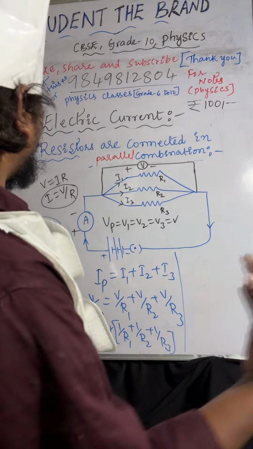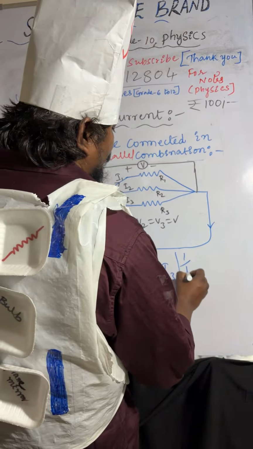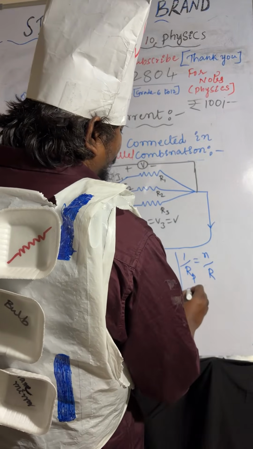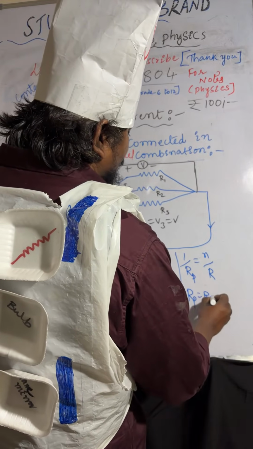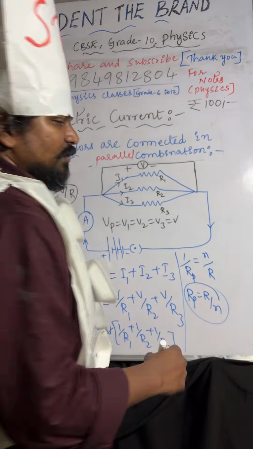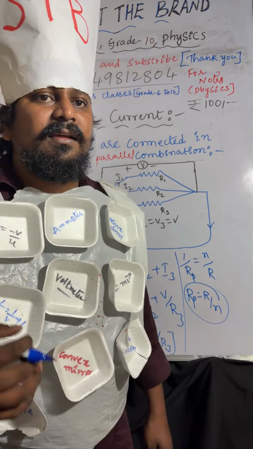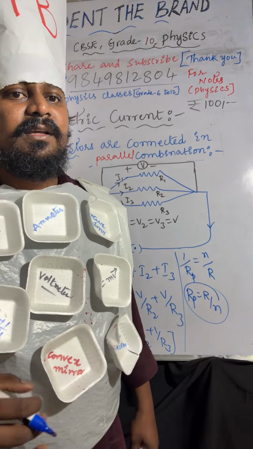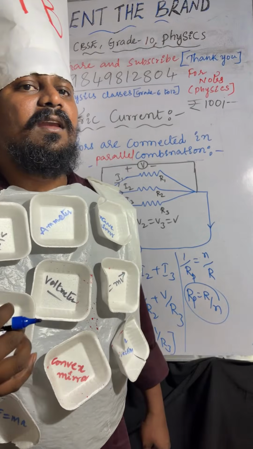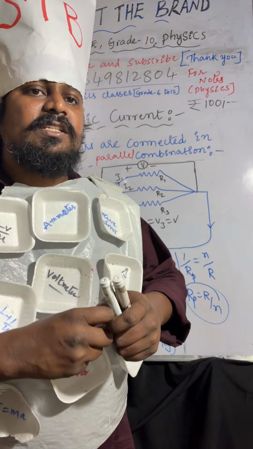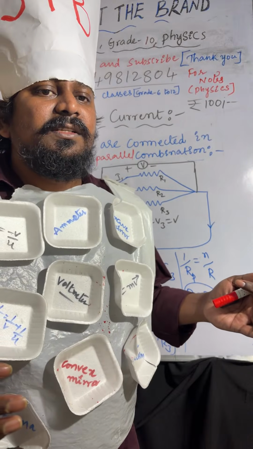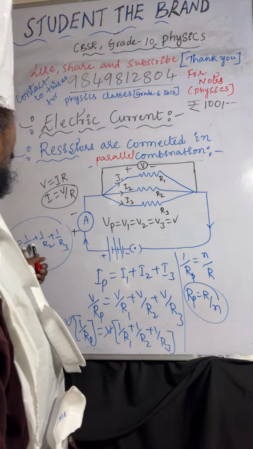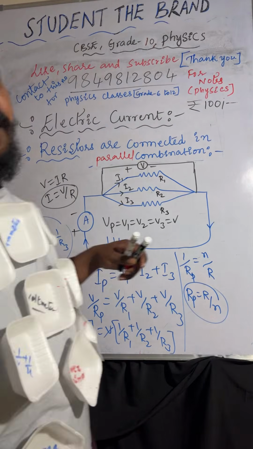If n number of resistors are connected in parallel combination, 1 by Rp equal to n by R, so Rp equal to R by n. If resistors are connected in parallel combination, the formula is 1 by Rp equal to 1 by R1 plus 1 by R2 plus 1 by R3.